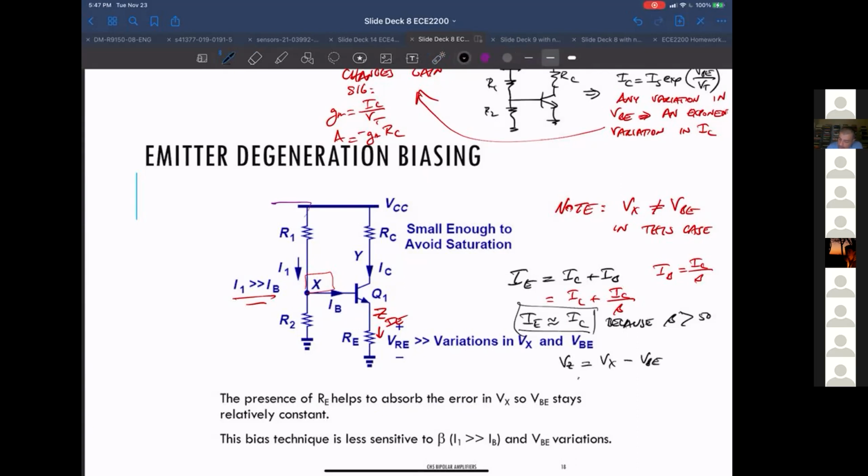And I sub E, which is equal to I sub C approximately, is equal to V sub Z over R sub E.